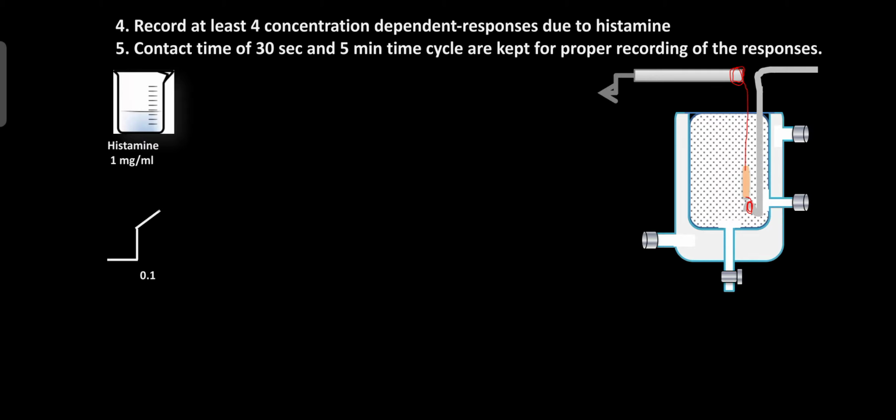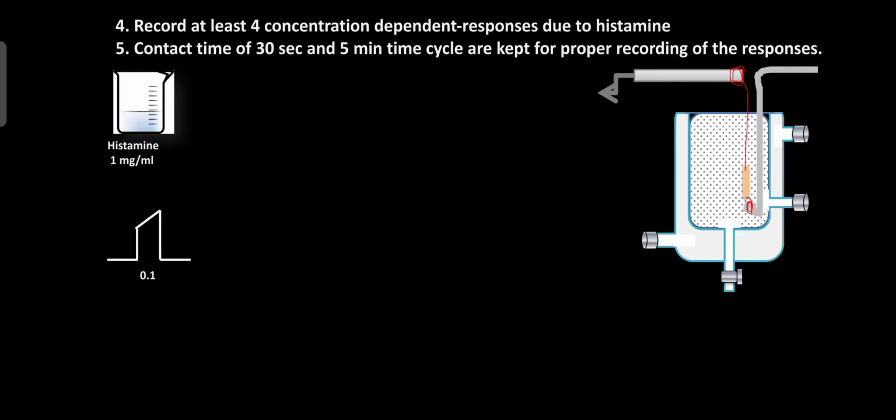After 30 seconds, stop the drum and wash the tissue at least 2 to 3 times by maintaining at least a 5-minute time cycle. After washing, the drug is removed, then the lever comes to its original position. After the 5-minute time cycle, once again record the baseline for 30 seconds without any drug.